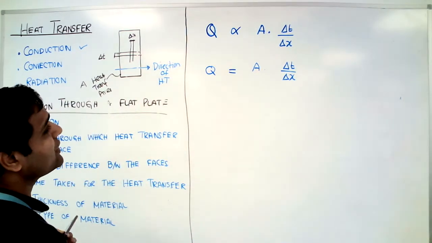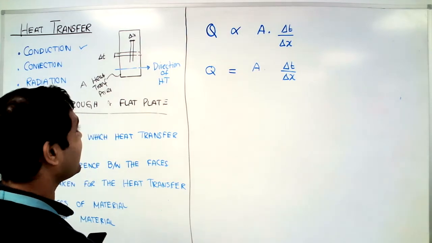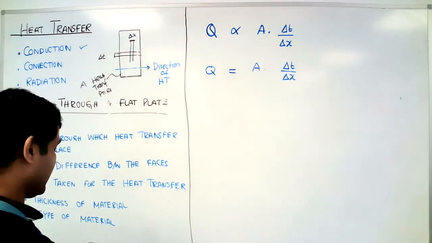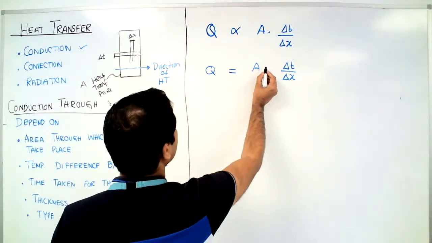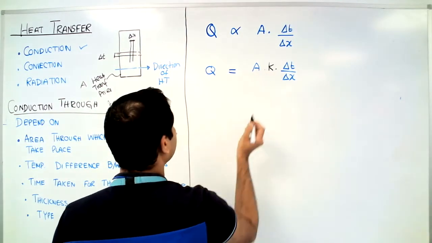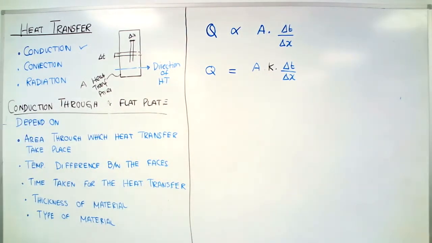but I have to introduce a constant. Now this constant depends on the material. We can call this constant anything, so I'm going to call it K. Now because the heat is flowing from a hot body to a cold body, the hot body is losing heat energy and the cold body is gaining heat energy.